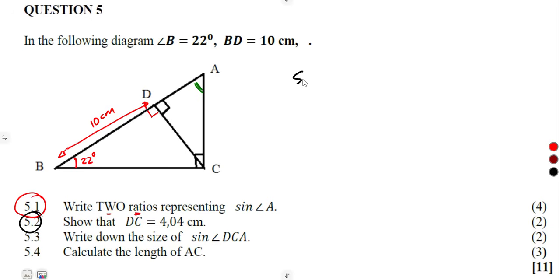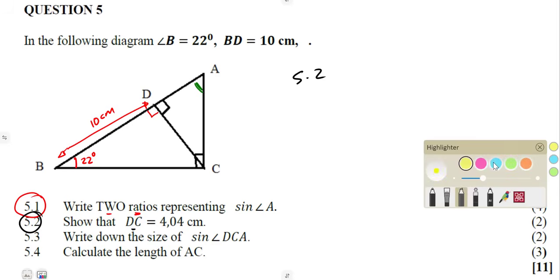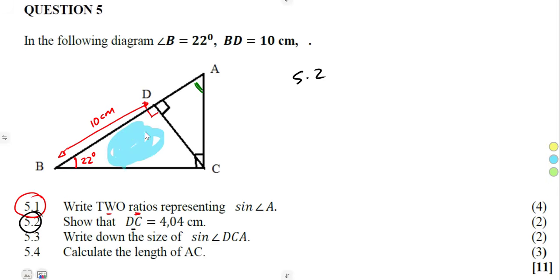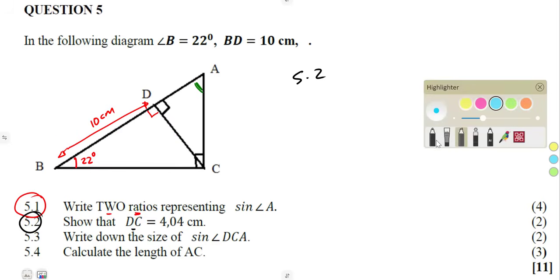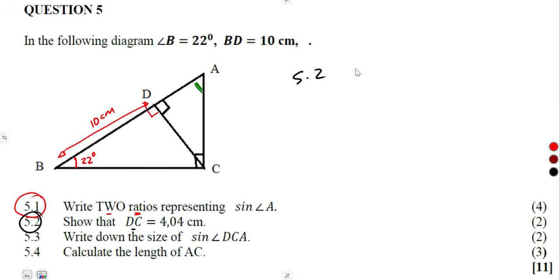Guys, they just want a ratio there from a right angled triangle. 5.2, show that DC is equal to this. Simply calculate it. This is our side DC. So we can calculate this from triangle BCD. Since we have got the length BD, we can play around with that to find DC using triangle BCD.